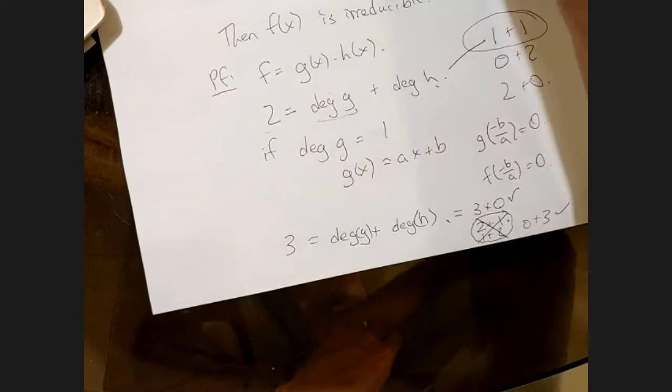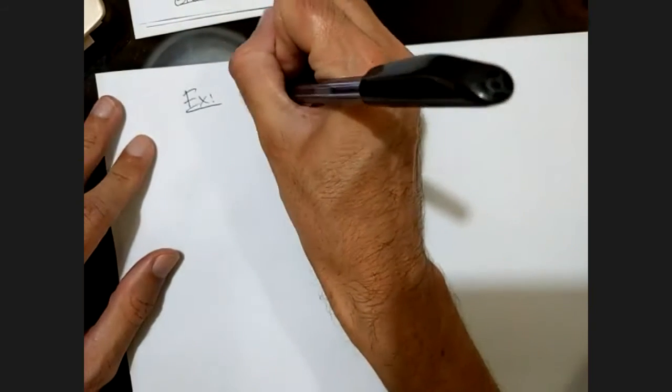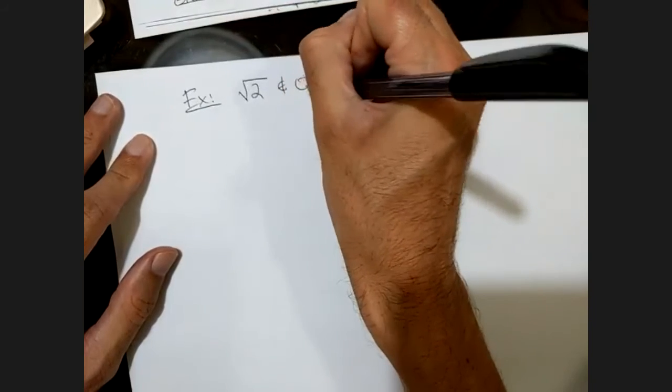Okay. So as another example, if you remember back to year 1, the square root of 2 is not a rational number.